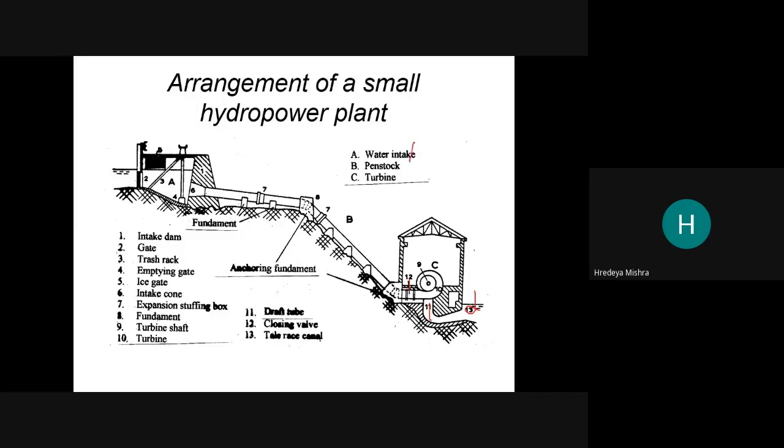A is the water intake, B is the penstock, and C is the turbine. All this combination is our turbine.